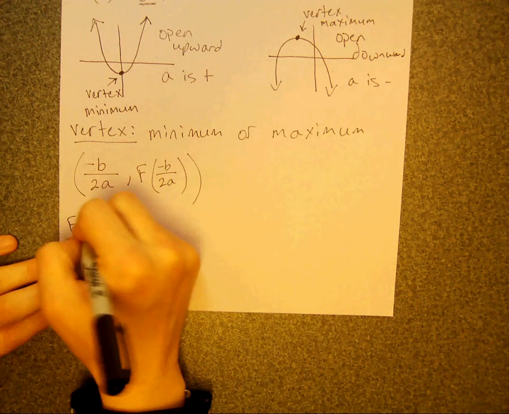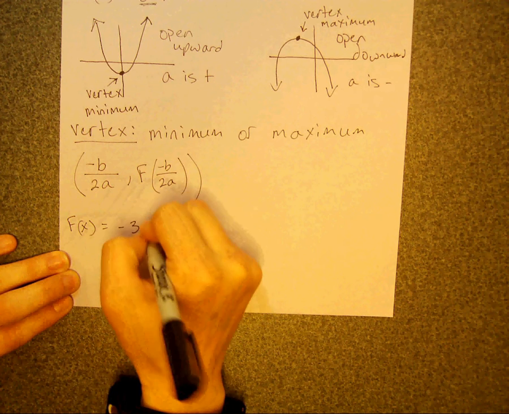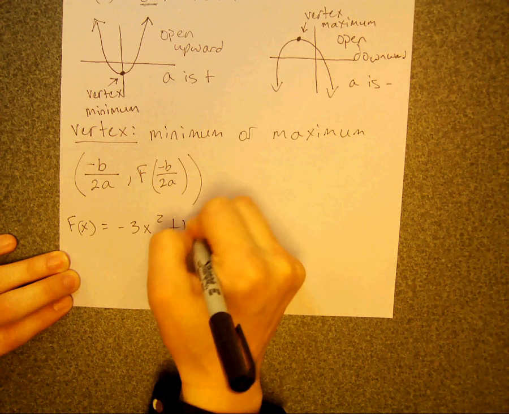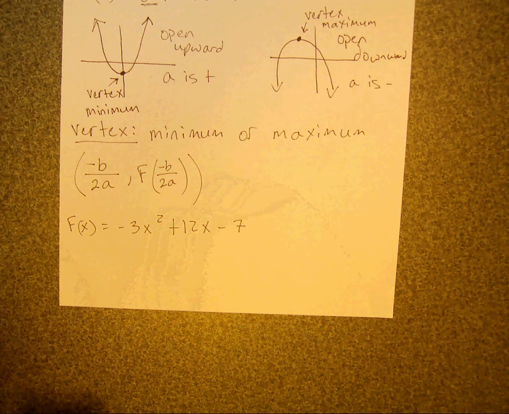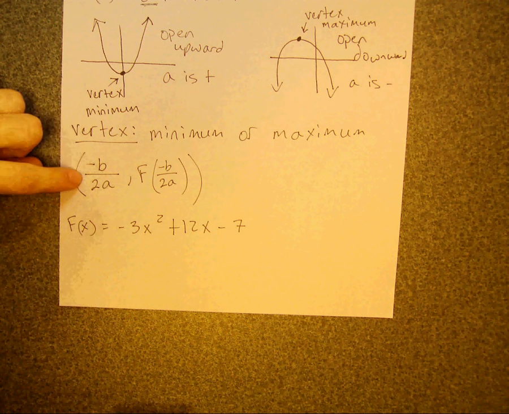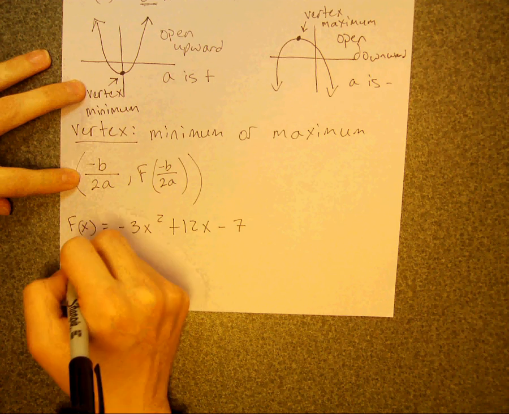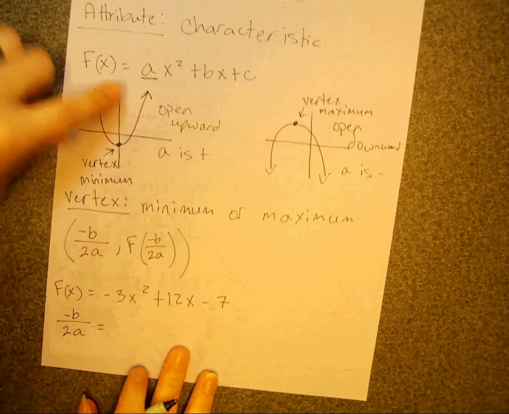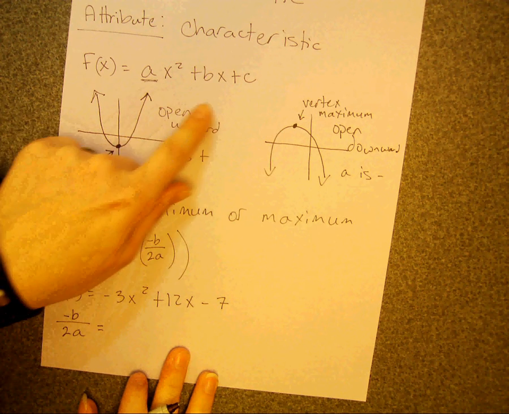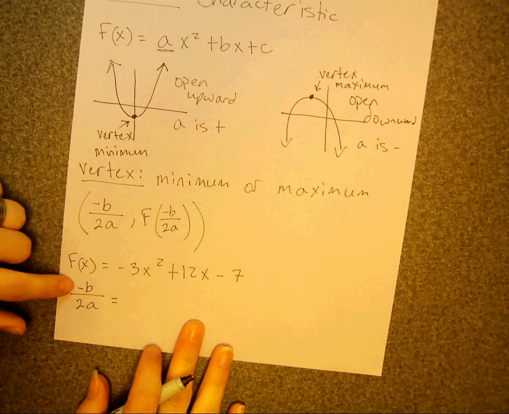So let's say that I have f of x equals negative 3x squared plus 12x minus 7, and I want to find the vertex. To find the x value, I need to take negative b and divide it by 2a. Well, standard form is ax squared plus bx plus c.